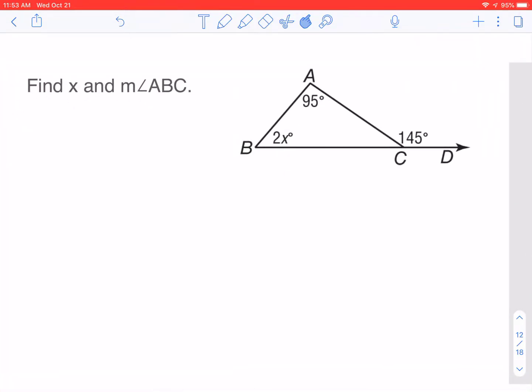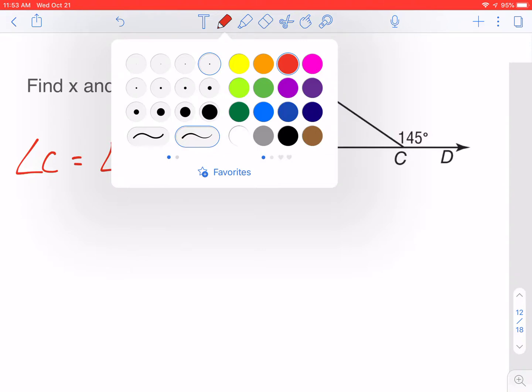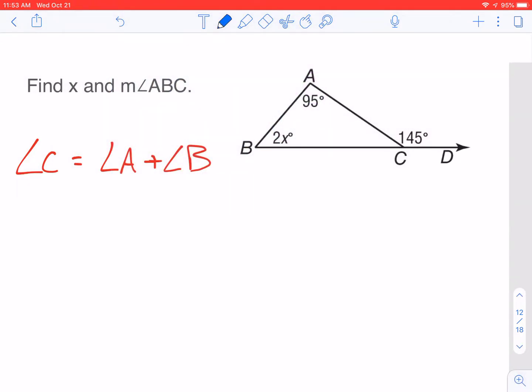Okay, so we know that in this picture, angle C will equal angle A plus angle B. And I'm just going to fill in for those letters. We'll do a different color. Angle C is 145, angle A is 95, and angle B is 2x.